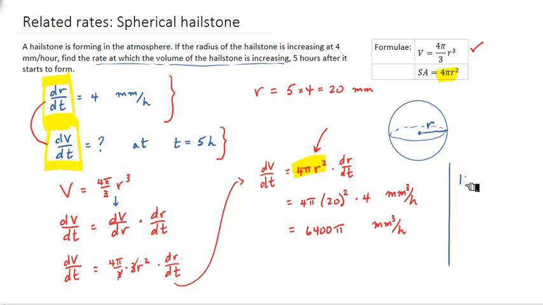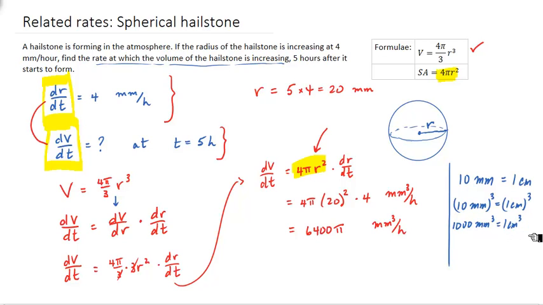I'll just do a little simplification here. We know that 10 millimeters is the same as 1 centimeter. And that means that 10 millimeters cubed must be the same as 1 centimeter cubed. And that means that 1,000 cubic millimeters is equal to 1 cubic centimeter.